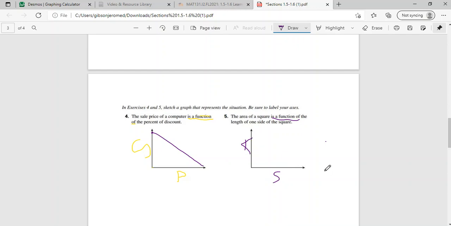Okay, now, when you're dealing with area, what are the units in? Like, what is the measurement of the units? Square feet. Yes, there's square feet, square inches, square yards, they're square units. So now, whenever you graph something that's in square units, it's going to be representative of a parabola.